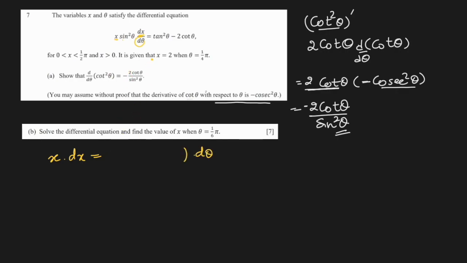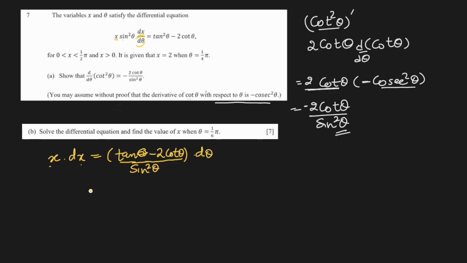And tan square theta minus 2 cot theta is already here, so let's write tan square theta minus 2 cot theta here. And this sine square theta becomes the denominator.